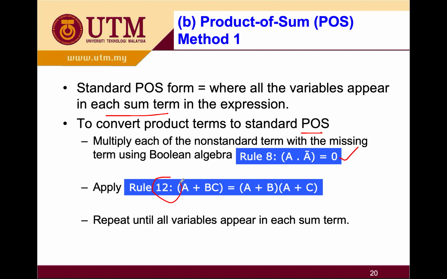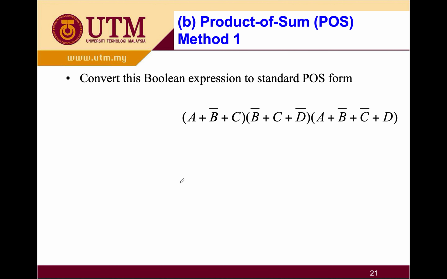So please remember that. You're going to repeat rules number 8 and 12 until all the variables appear in each term. So you have over here term 1, term 2 and also term 3. What you're going to do is look at what is lacking over here: this one is D, this one is A, and this one is full.